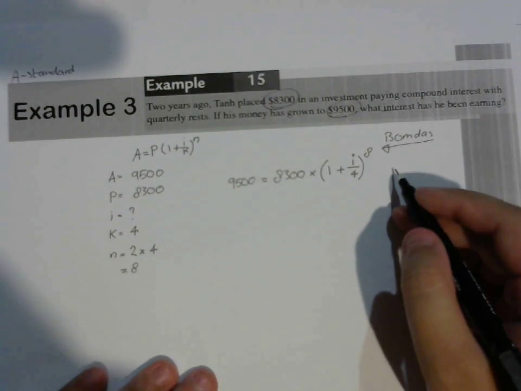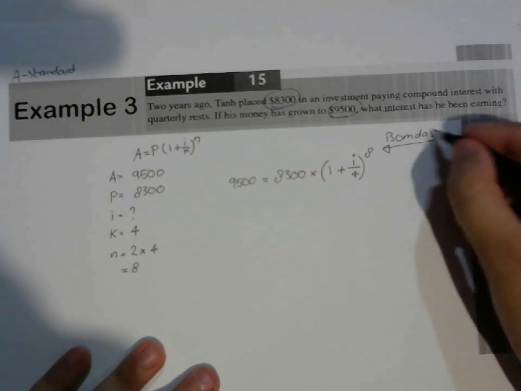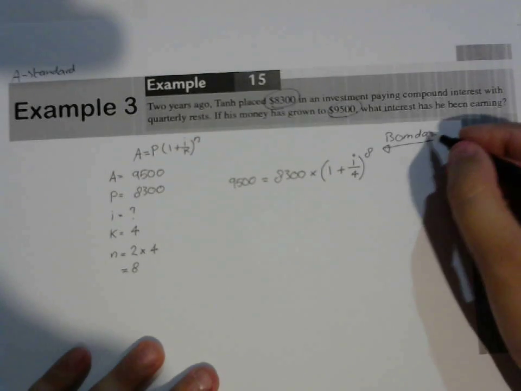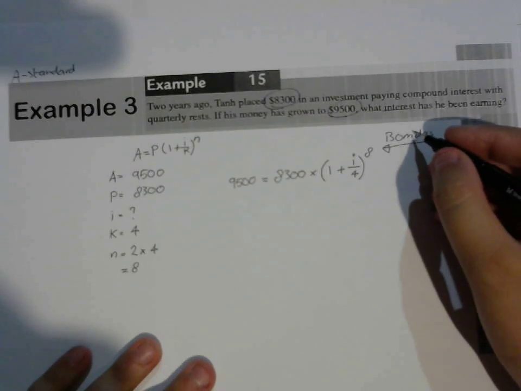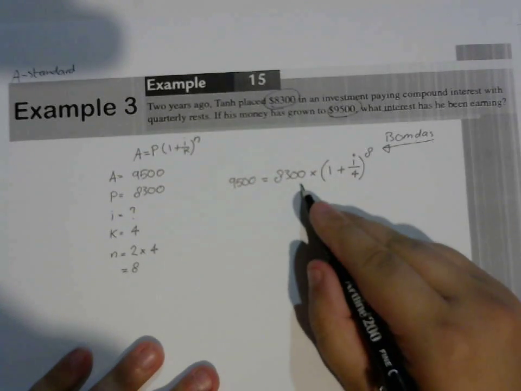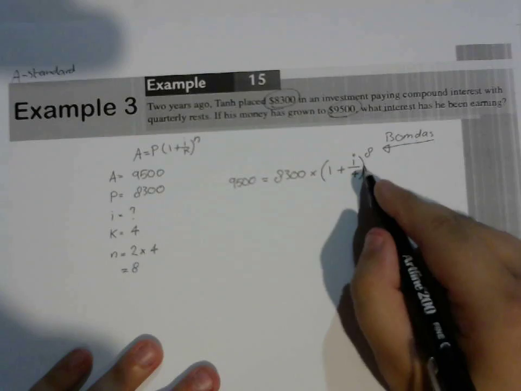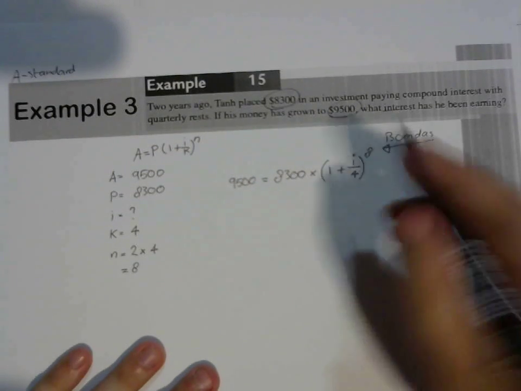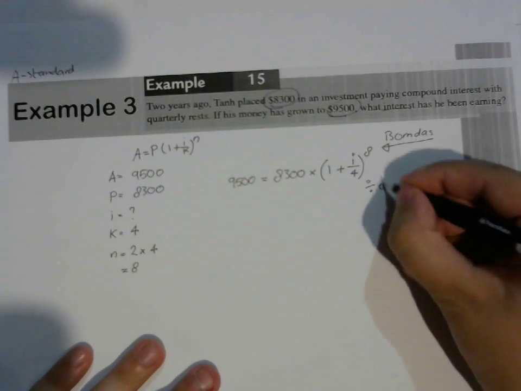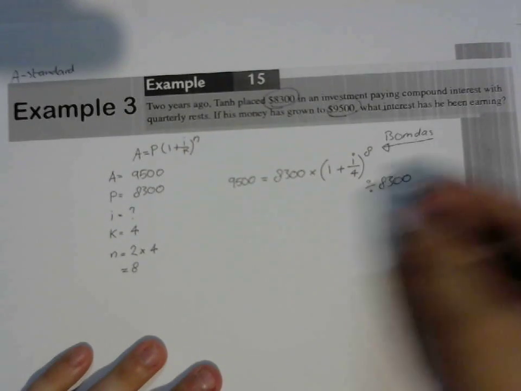So looking outside my brackets, I don't have any addition or subtraction, so I can move straight on to multiplication and division. I do have something being multiplied by my brackets, and that's this $8,300. So I'm going to get rid of it by dividing by 8,300.